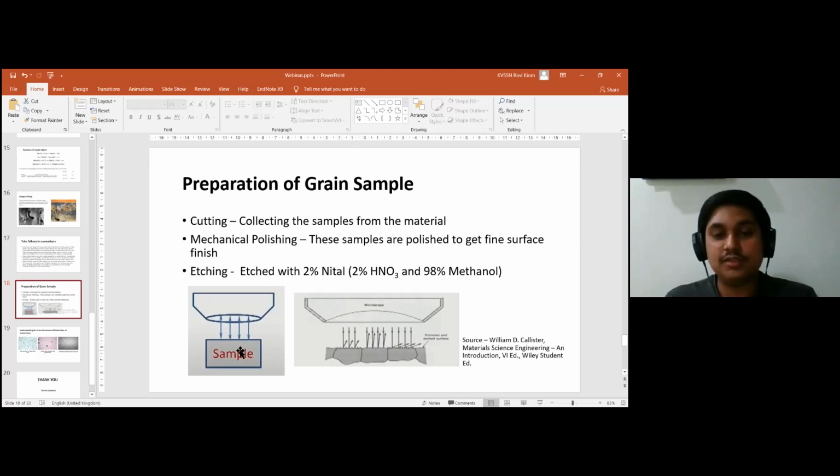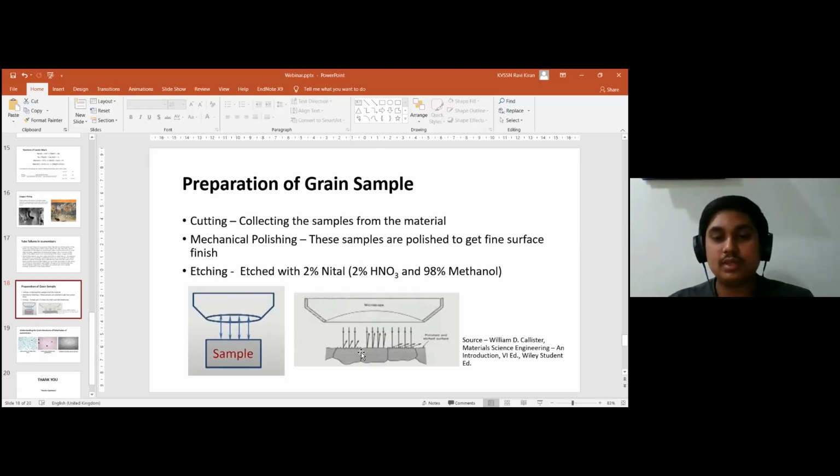If the surface of the structure is quite plain, we could only see a bright image out of the light that is reflected to view the grain structure of the particular image.